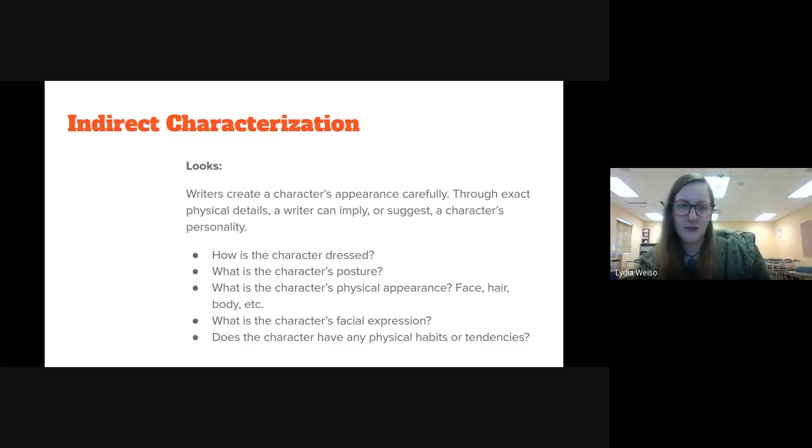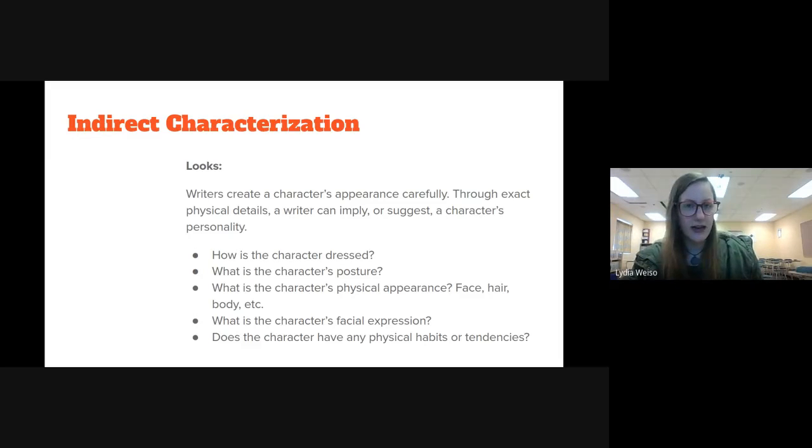So finally, looks. Writers do most things on purpose. Now, just because writers don't do anything by accident doesn't mean that what they intend for the story to mean is the same thing that we, the readers, will take from the story.